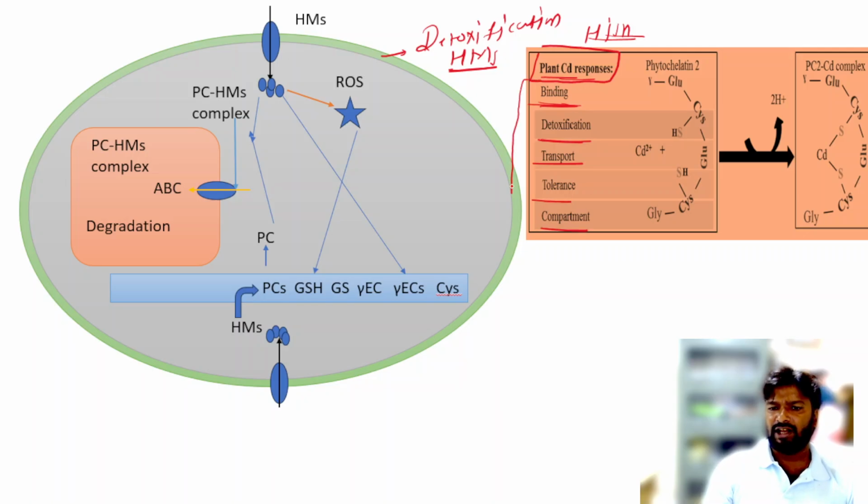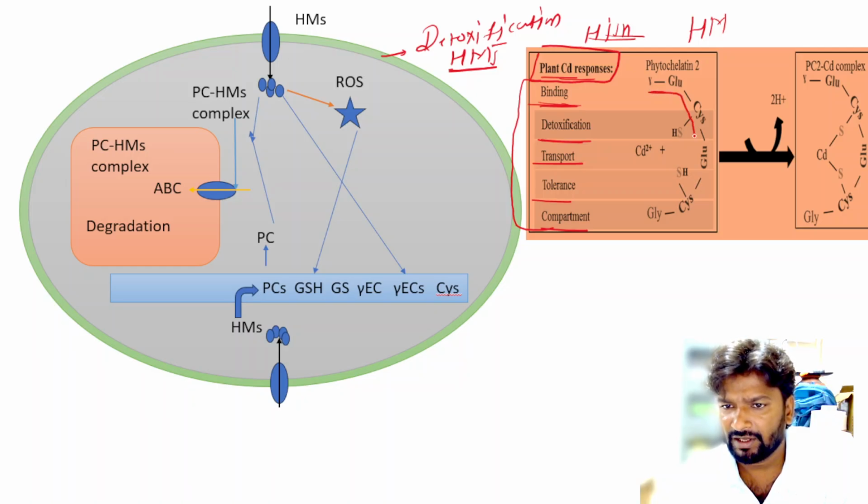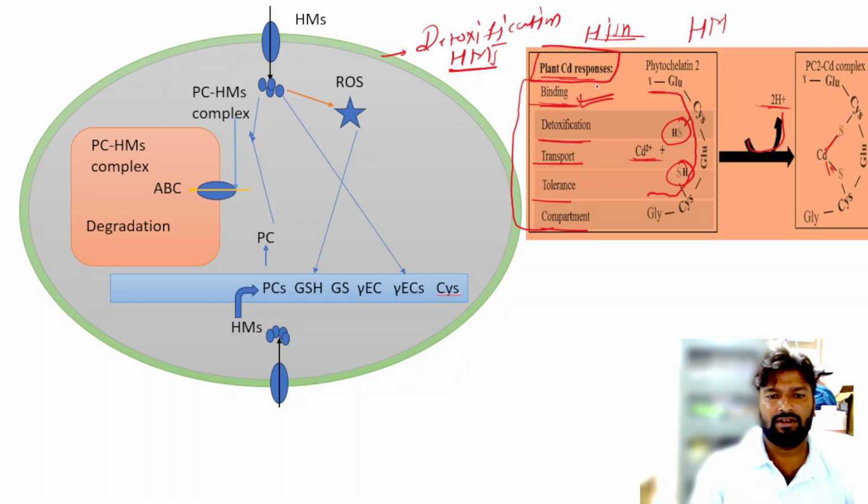So these processes are involved during heavy metal detoxification. Okay, so this is the example, and this is the structure of phytochelatin, where gamma glutamyl cysteine and glycine. This is the thiol group, and they bind to the cadmium with the removal of two protons. So this is the binding process.